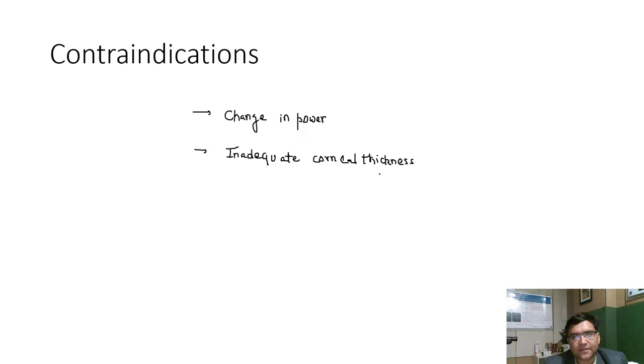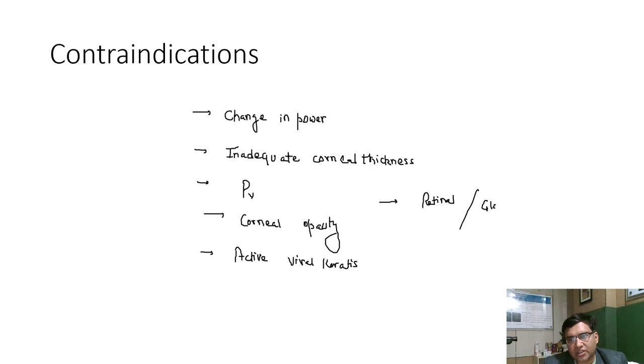Then pregnancy, any corneal opacity, any active viral keratitis, any untreated retinal pathology, or active glaucoma. These were considered contraindications of LASIK surgery.